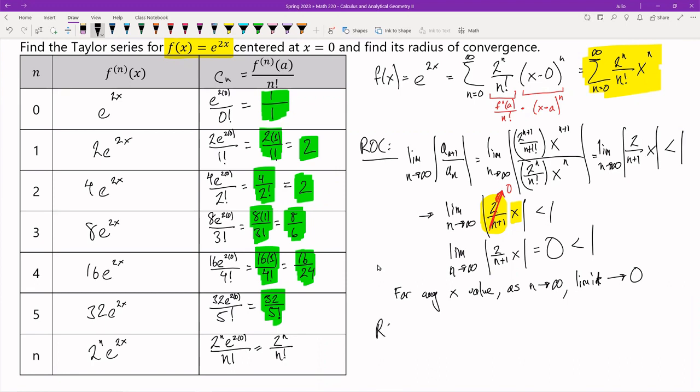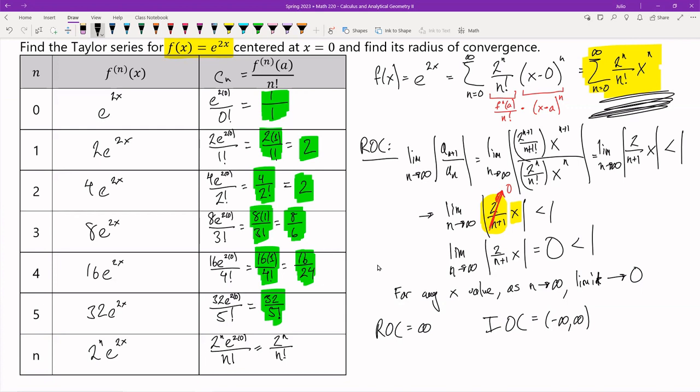My radius of convergence is equal to infinity. So then my interval of convergence is negative infinity to infinity. And we are done. So we found our Taylor series expansion, and we found that the interval of convergence for this Taylor series expansion is from negative infinity to infinity.